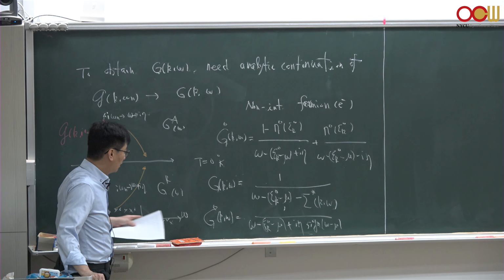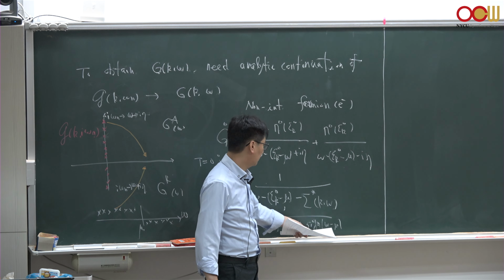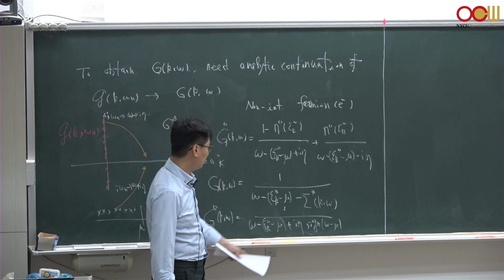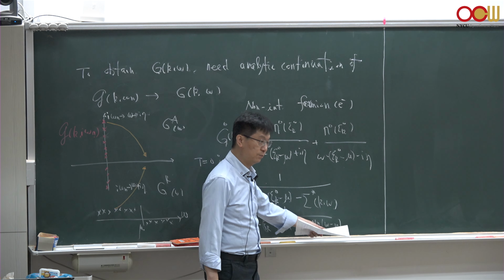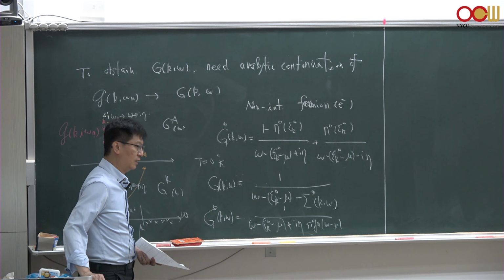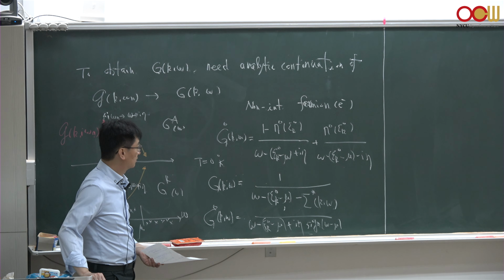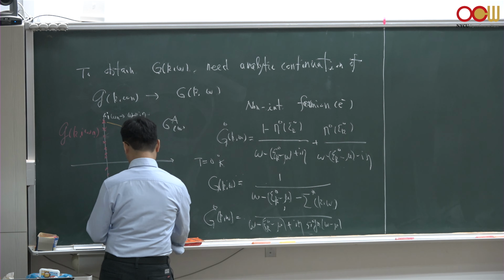As a result, you need to add this small imaginary part, plus i eta times the sign function. So the sign function gives you plus 1 or minus 1, depending on whether omega minus mu is positive or negative. For positive, the sign is positive. For negative, the sign function gives you negative. Okay? And this is what we need to do.